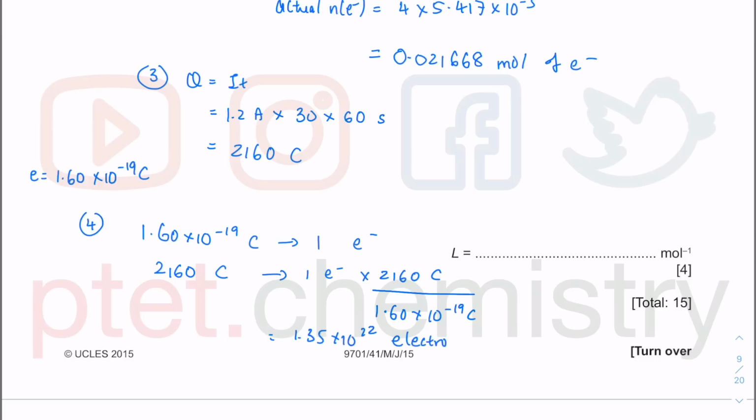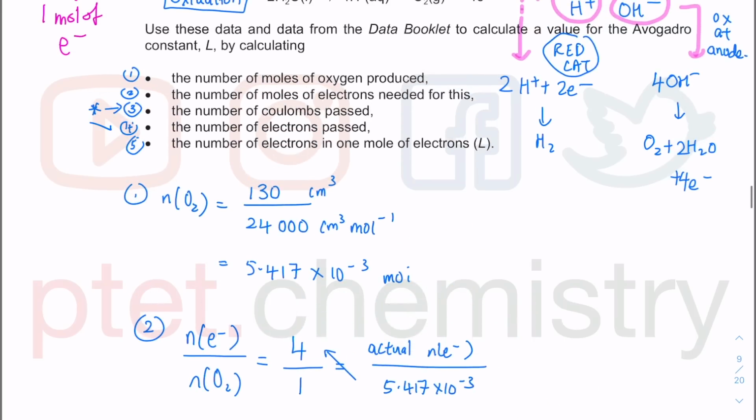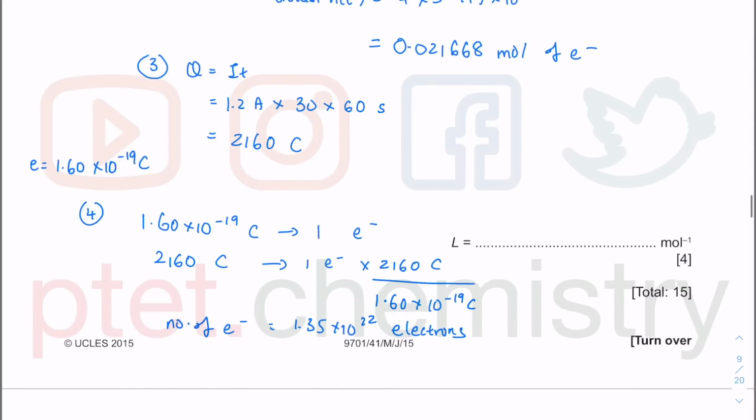This is the number of electrons. Last but not least, what do I need to do? I need to get the number of electrons in 1 mole of electrons. So we know that this is the mole of electrons, and this is the number of electrons. What am I doing actually?